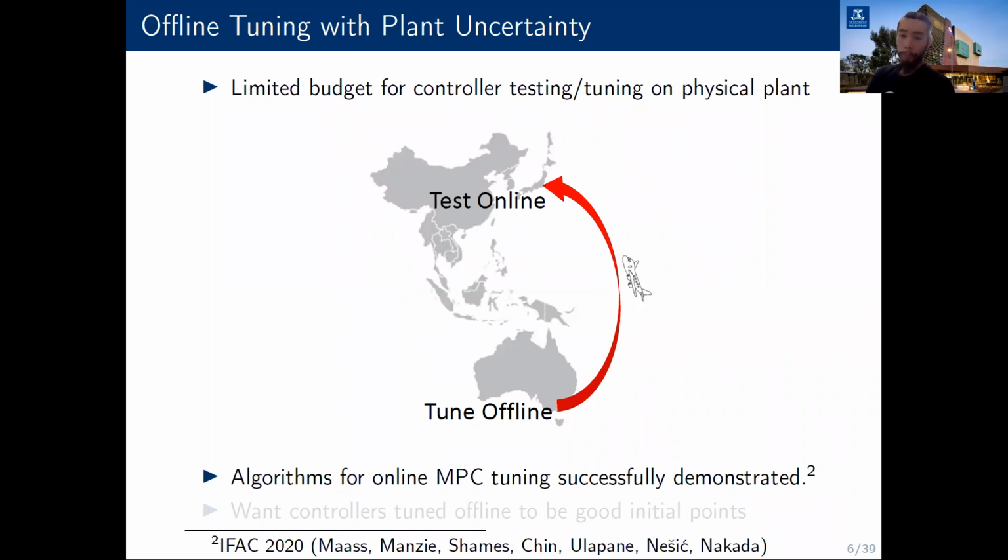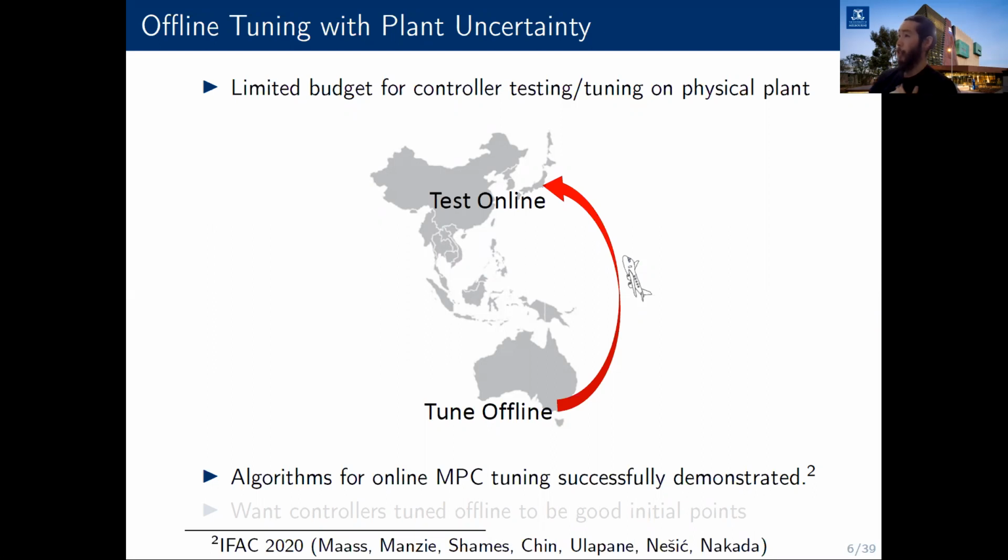In the automotive industry, you're never going to have an unlimited amount of time to do your controller testing. You usually have some limited budget to perform controller testing or tuning on the physical plant.